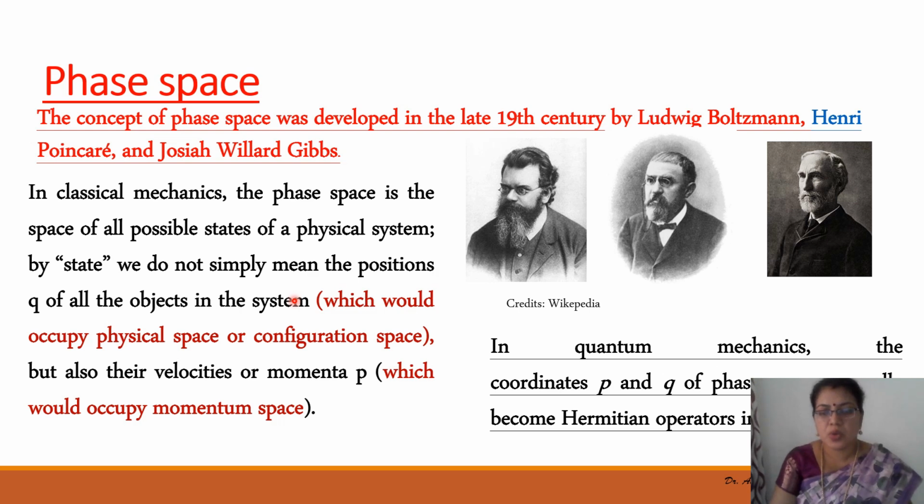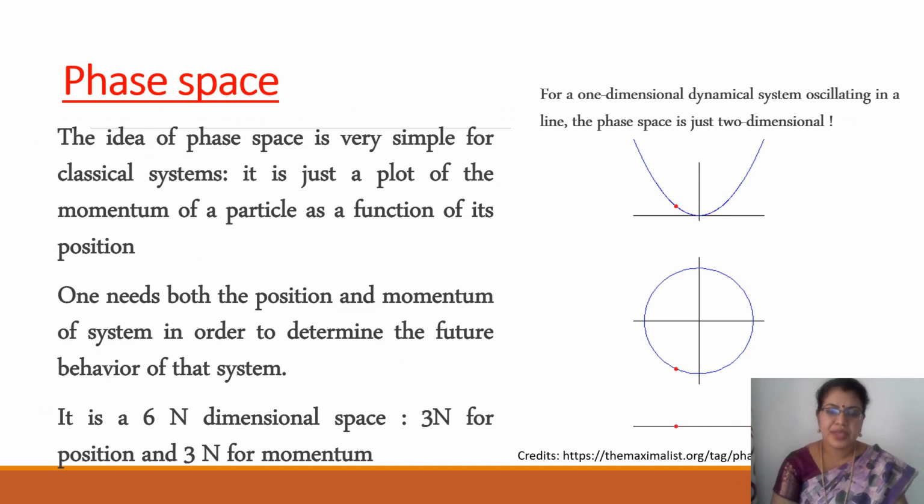So how are we going to define this phase space? The idea of phase space is very simple for classical systems. In configuration space, what we received was the information about the position.